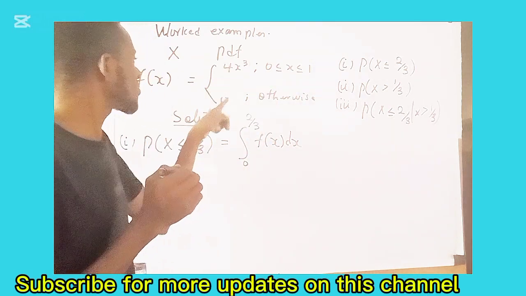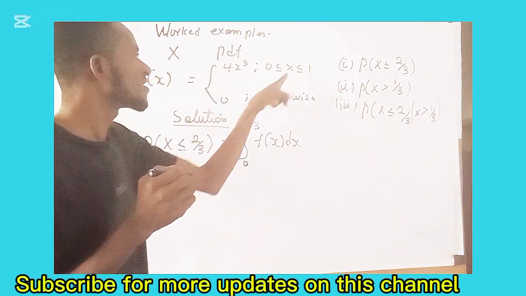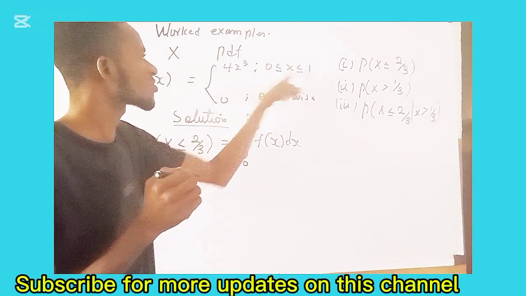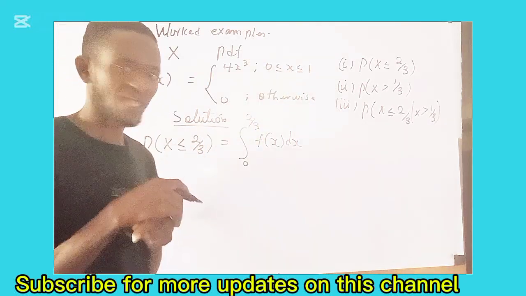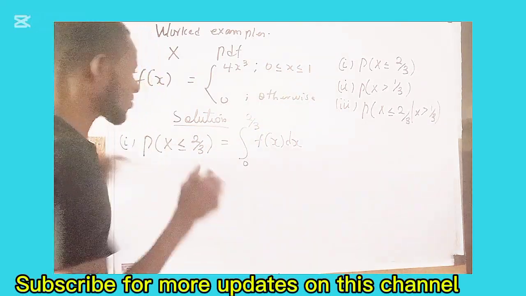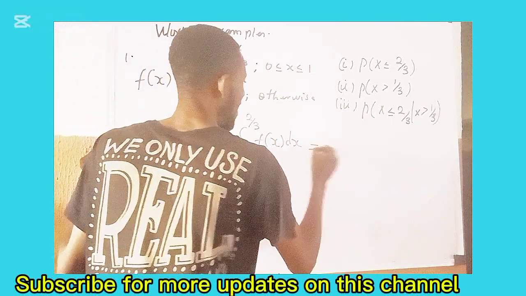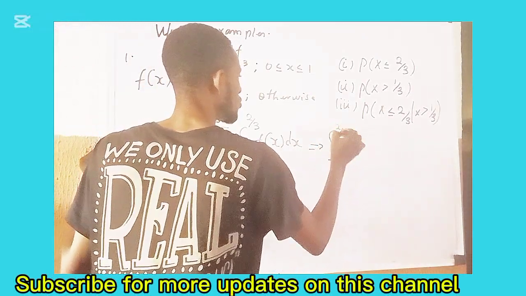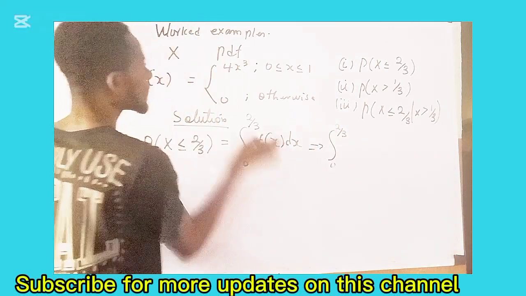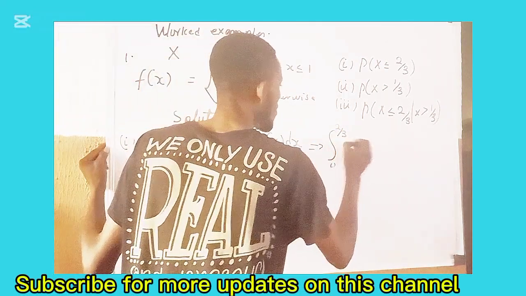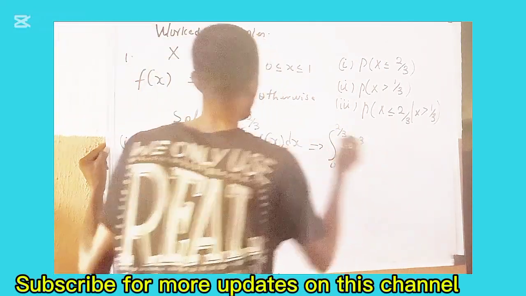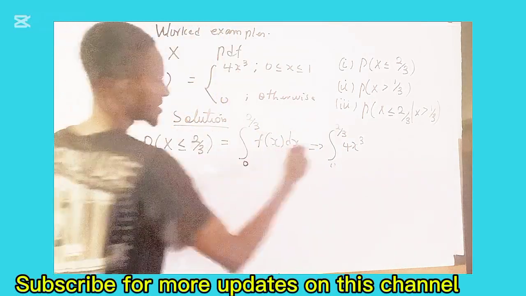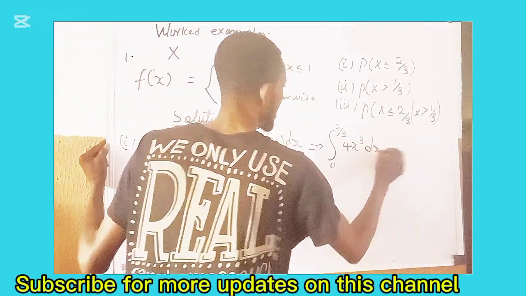But this value becomes 0 if x does not lie between this range. That's what it means. So I will now say, this implies the integral from 0 to 2 over 3 of my f of x, which is 4x raised to power 3, and here is my dx.